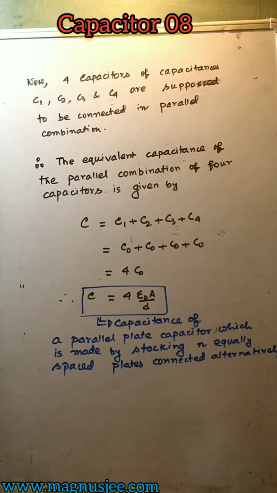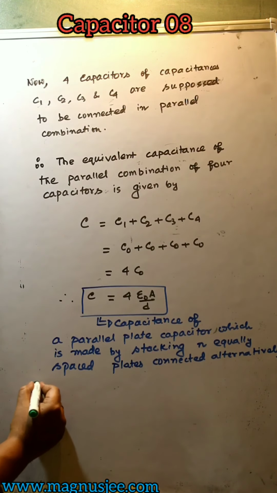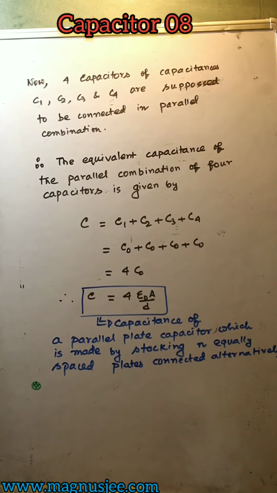So hence C can be written as 4 epsilon 0 A by D, that is C equal to (5 minus 1) epsilon 0 A divided by D.